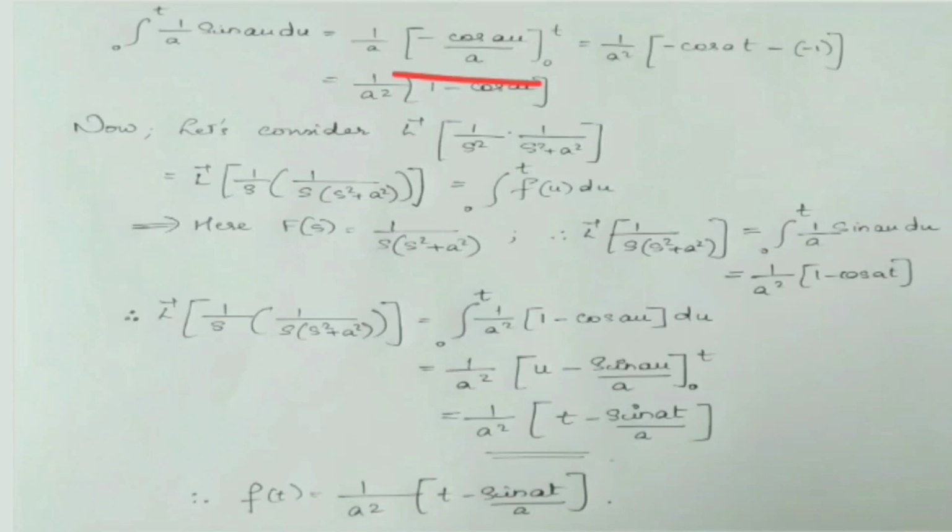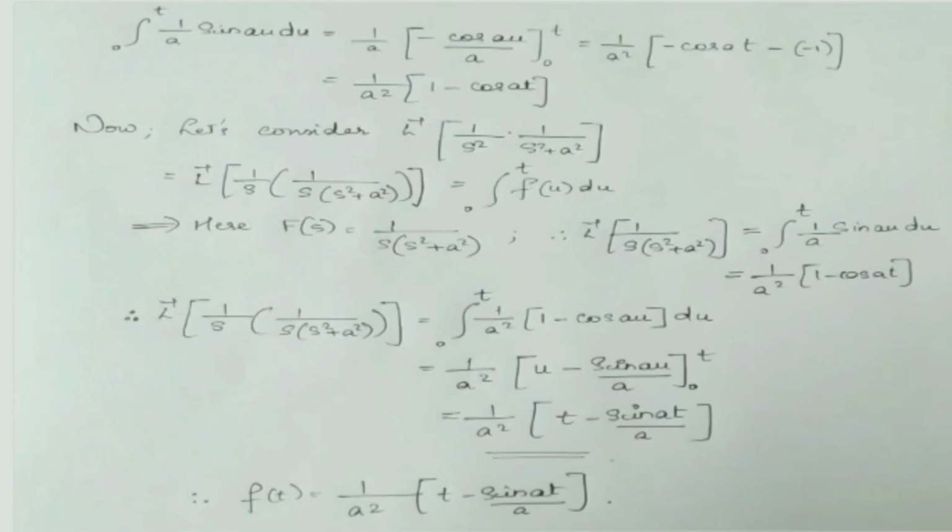Let's apply the limits. So, 1 by a square into minus cos at minus of minus cos 0. Cos 0 is 1. So, minus of minus 1. Therefore, 1 by a square into 1 minus cos at.